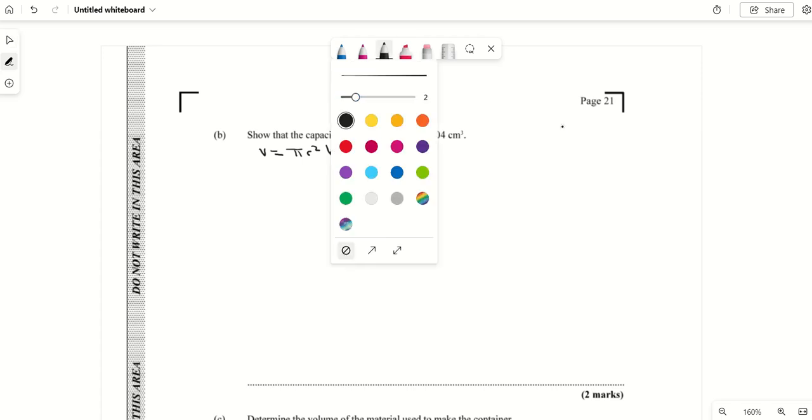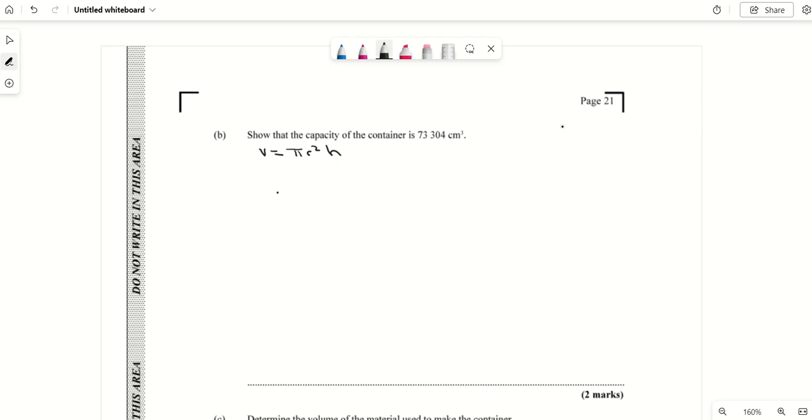Remember I said we're finding the volume of the inner cylinder. We know that the radius of the inner cylinder is equal to 14. We know the height is equal to 120. This is given. And they told you that pi is equal to 22 over 7. So if you know all of this, you put it in your calculator.